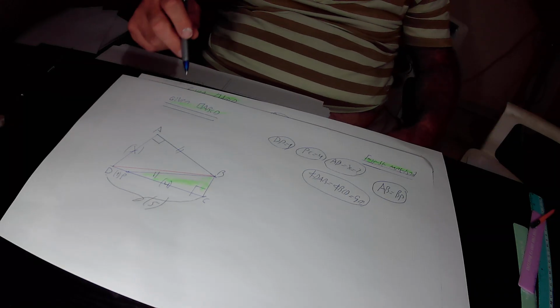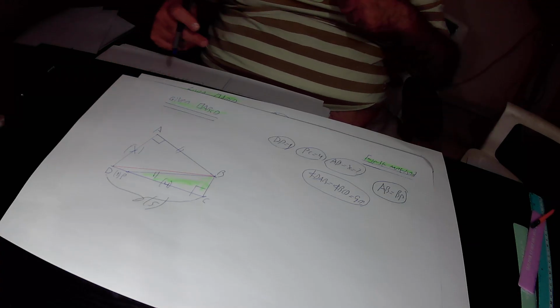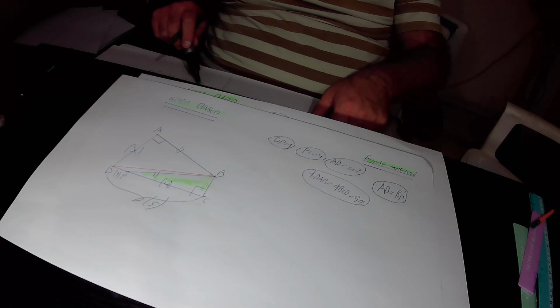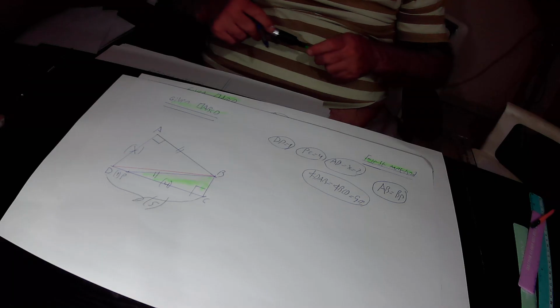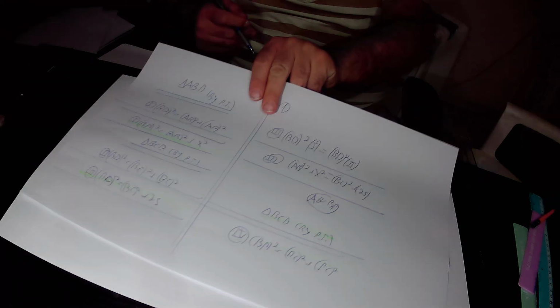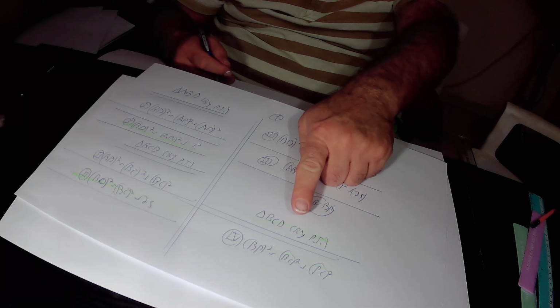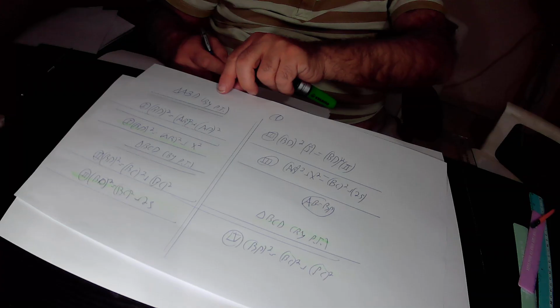And again, this green right triangle BCP, according to the Pythagorean theorem, the following equation is true. BP squared, that is the square of the hypotenuse, equals BC squared plus PC squared.